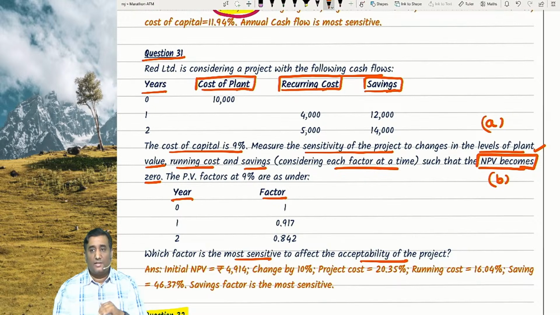That is basically non-sensitive. Sensitive is the lesser you touch and NPV becomes 0. The lesser you change, NPV becomes 0. Whichever factor makes NPV 0 is more sensitive. So we'll come back to it, don't worry.